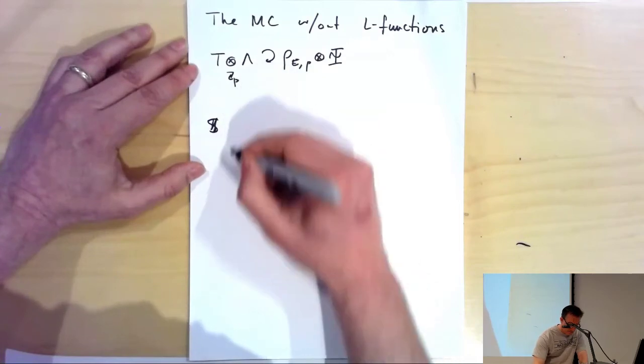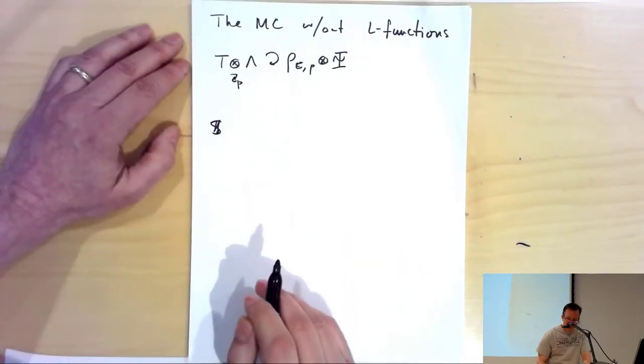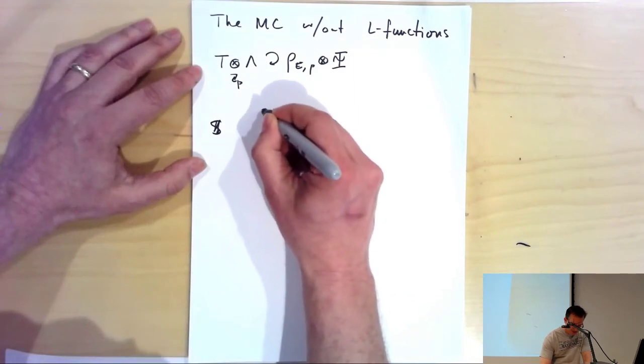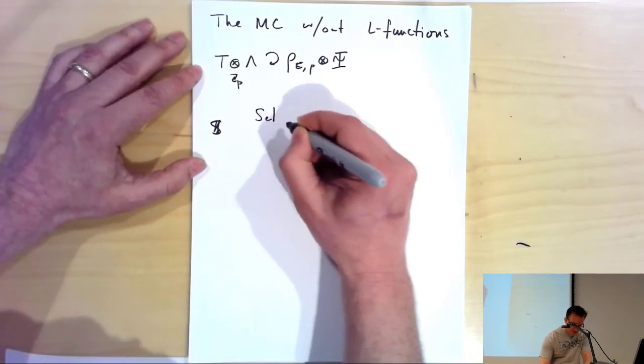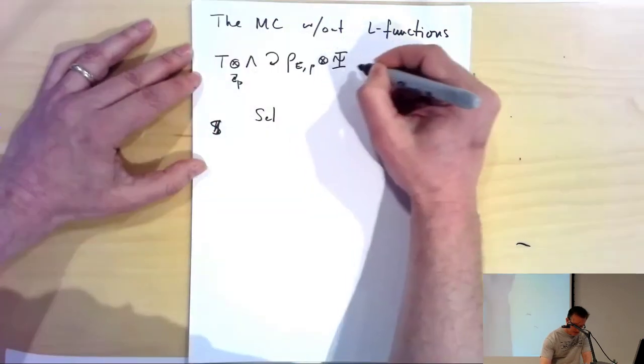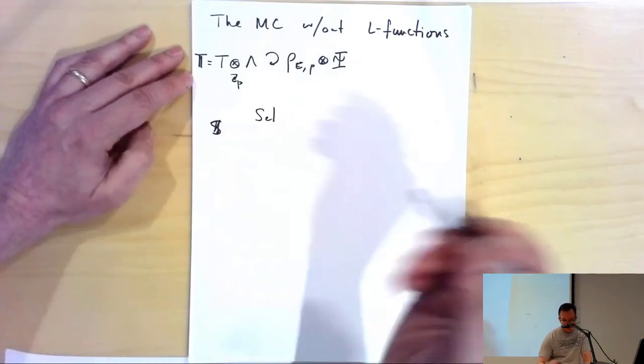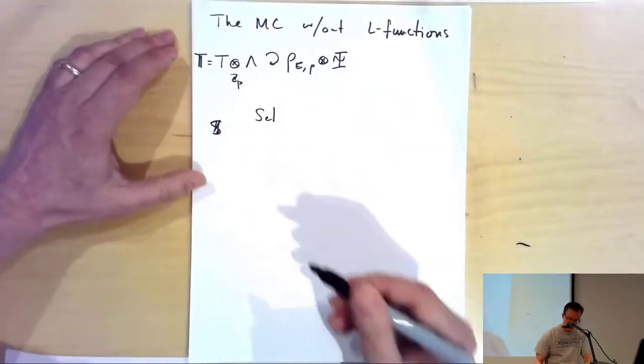Okay, so we'll have the Selmer group. I'm going to call this, I should call it like script T, but it's actually going to be bold T, or blackboard bold, even though we don't have blackboards here.